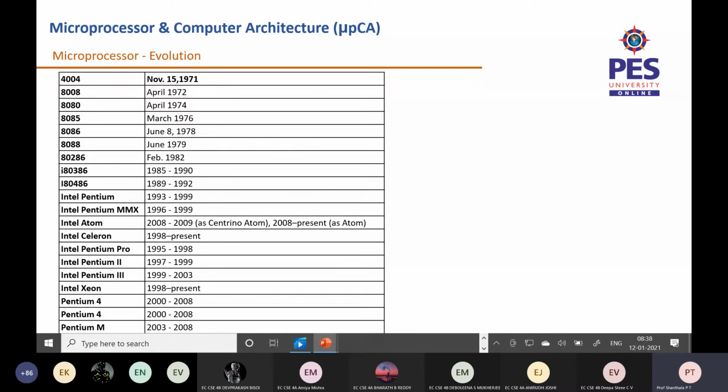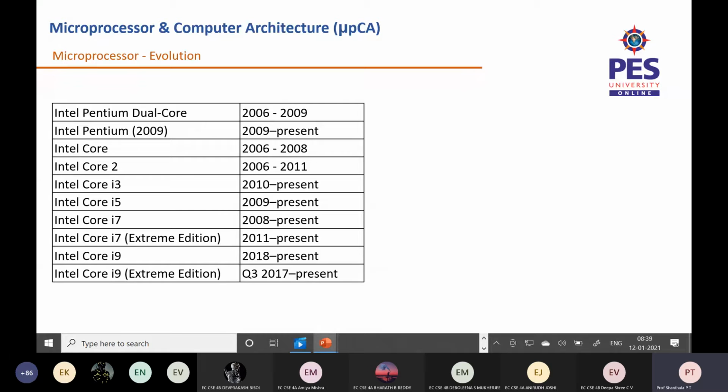So we're having the Pentium. Those were very popular, but they were single core machines. Again, from 2006 to 2009, Intel introduced the Pentium dual core. So from there, dual cores, and next we have Core Quad, 4 core.